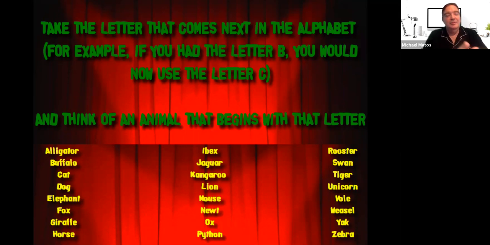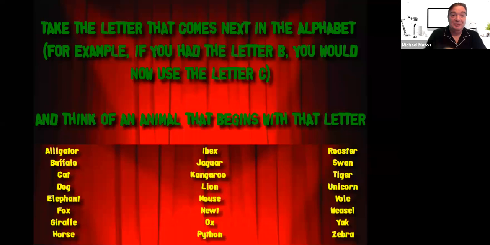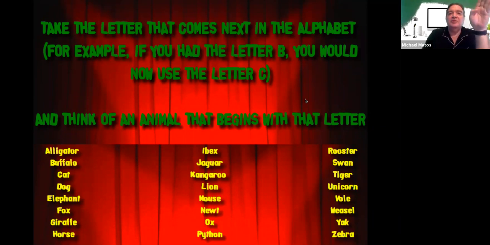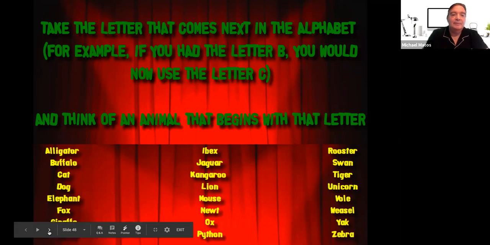Don't want any unicorns, but you can see that unicorns is up there, so you could use that as well. So once again, this is written for my students. So go ahead and choose an animal. So now you're going to have a country and an animal. The country starting with that first letter that corresponded to the number, and the animal starting with the second letter after that first letter in the alphabet.